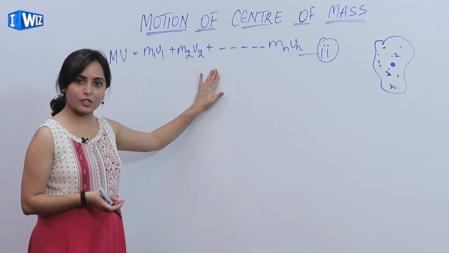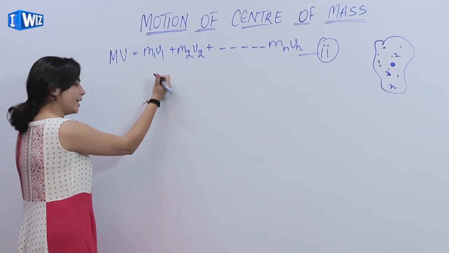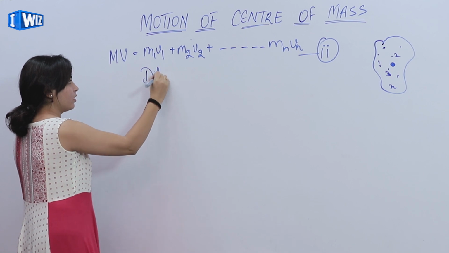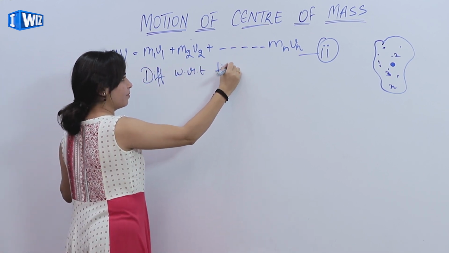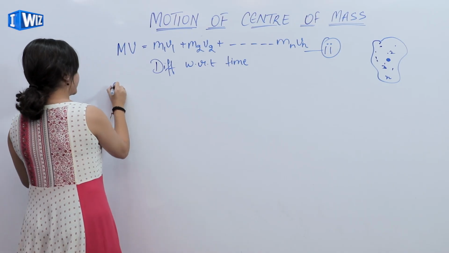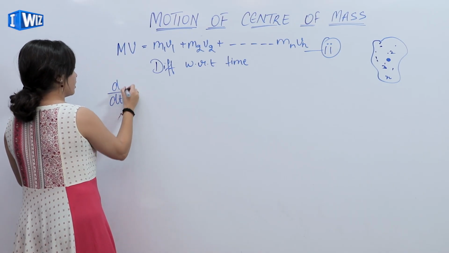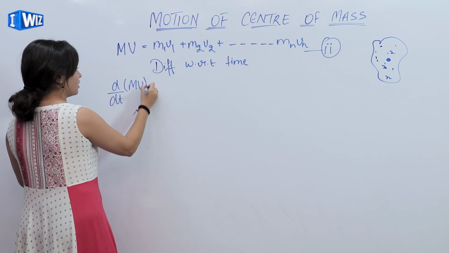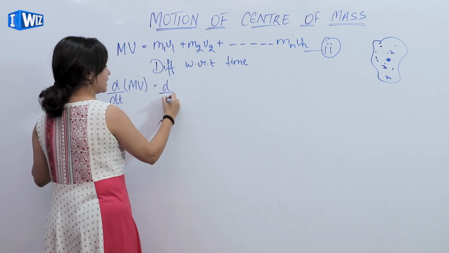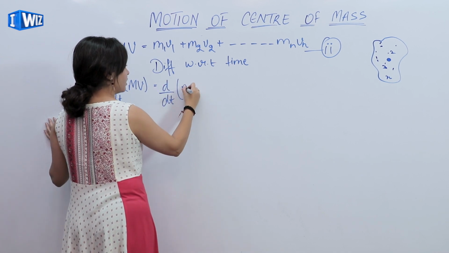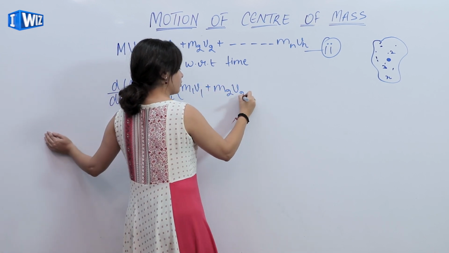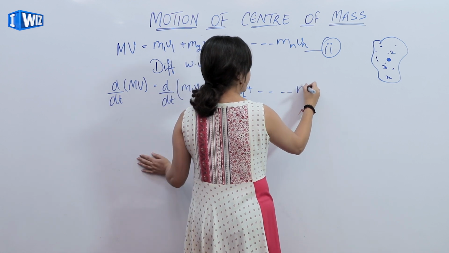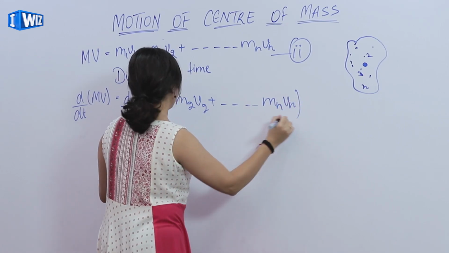Now from equation 2 we'll again differentiate with respect to time. So d by dt of mv is equals to d by dt of m1 v1 plus m2 v2 up to mn vn.